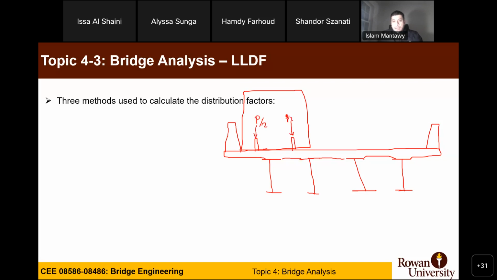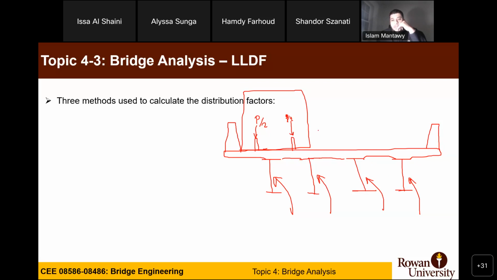Our goal now is to know, in these circumstances or location, how much of the load will go to this exterior girder as a percentage of this truck, how much will go to this girder, this girder, and this girder.